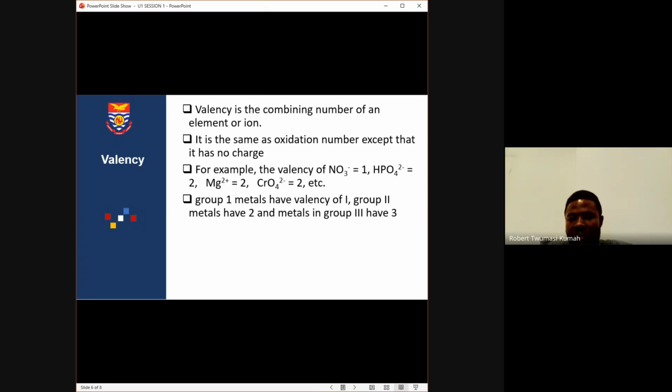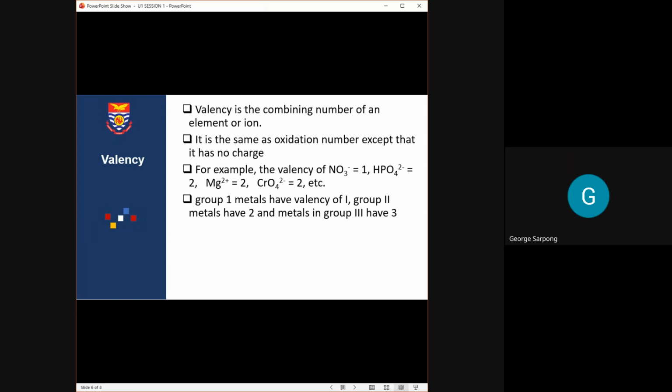Okay, so friends, who can react to that? The difference between valency and radical. Otherwise, let me ask, what's a radical? Anyone to help us with radical? Yes, George.